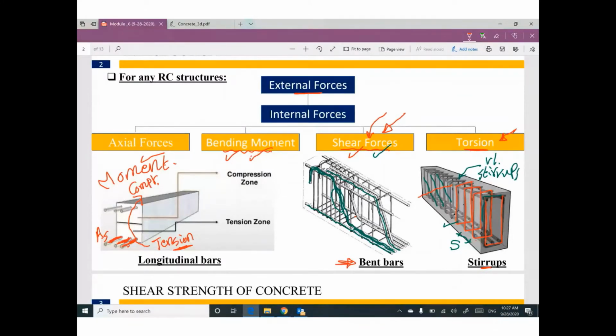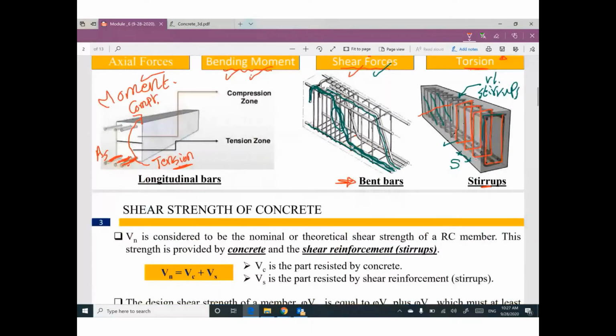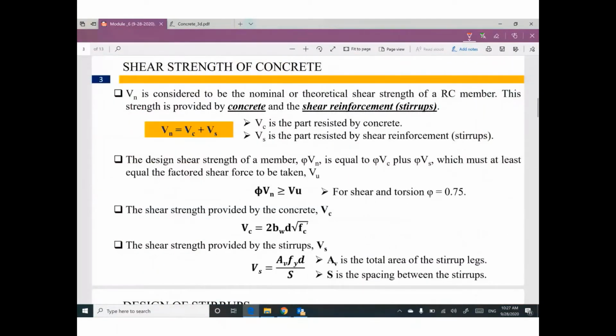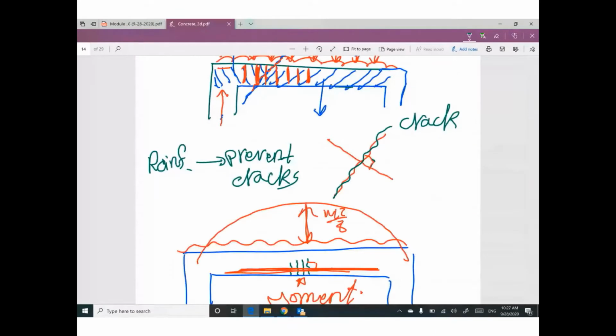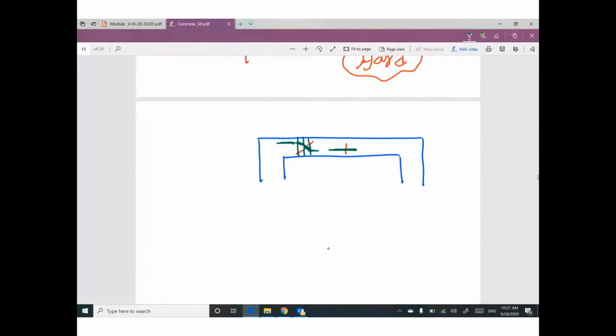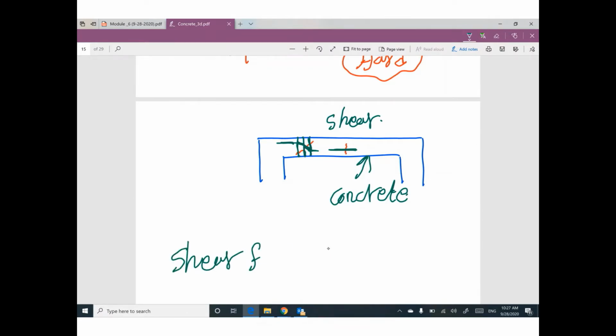My question is, do you think shear is resisted only by these stirrups? No, we have concrete. Concrete is still good in shear. So part of this shear is supported by concrete and the other part by stirrups.